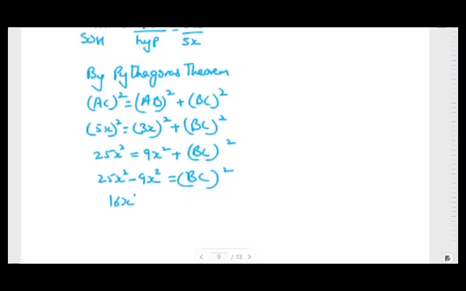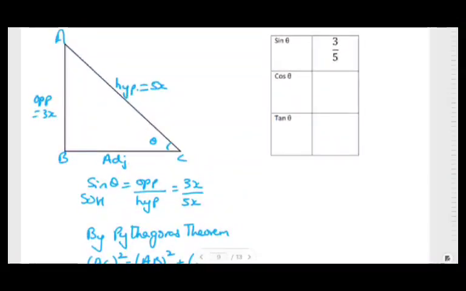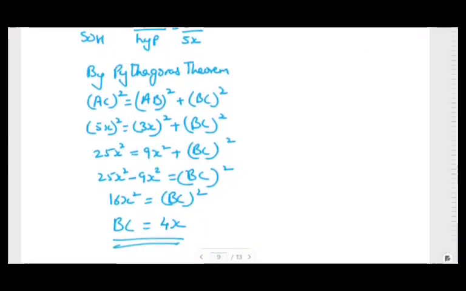This is 16x square, so BC is equal to 4x.